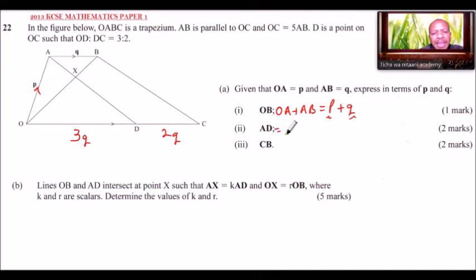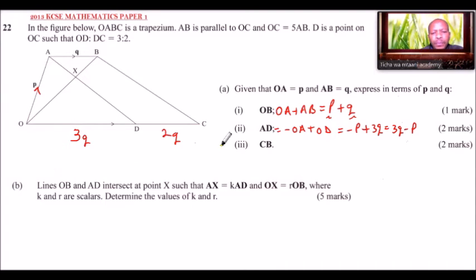So instead of writing AO, we say it is minus OA plus OD, which is equal to, OA is P, so minus P plus OD is 3Q, which is equal to, we can write it properly and say this is 3Q minus P. Although it's not a must that you put all this, I'm just doing that so that you can understand how I'm getting my final vector.